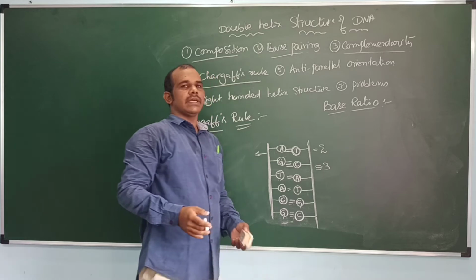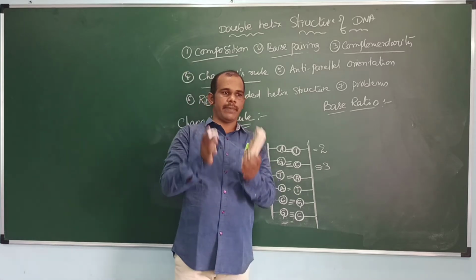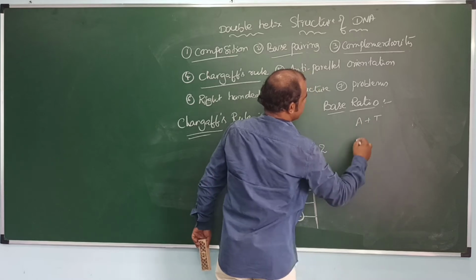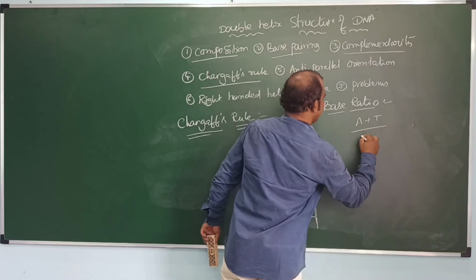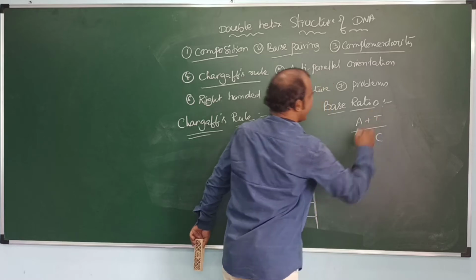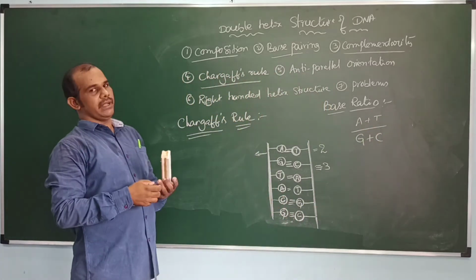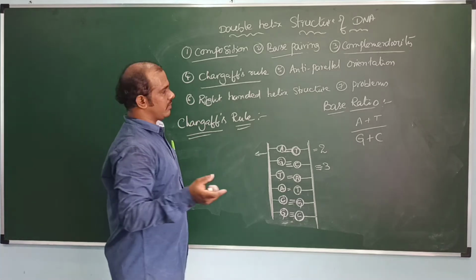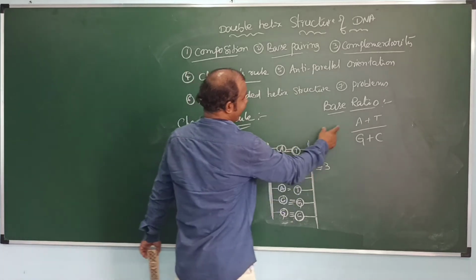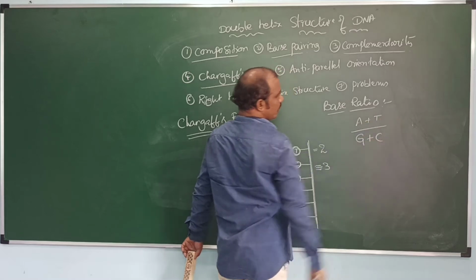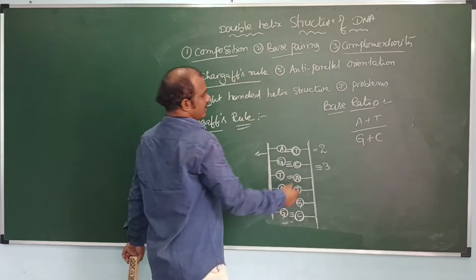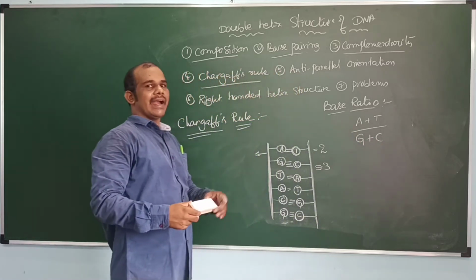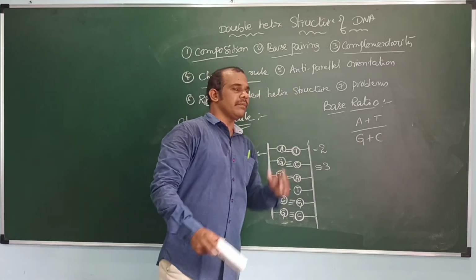Base ratio means the number of A and T pairs divided by the number of G and C pairs. How are the base pairs formed? Base pairs are formed between A and T through two hydrogen bonds, and between G and C through three hydrogen bonds. That is called the base ratio.